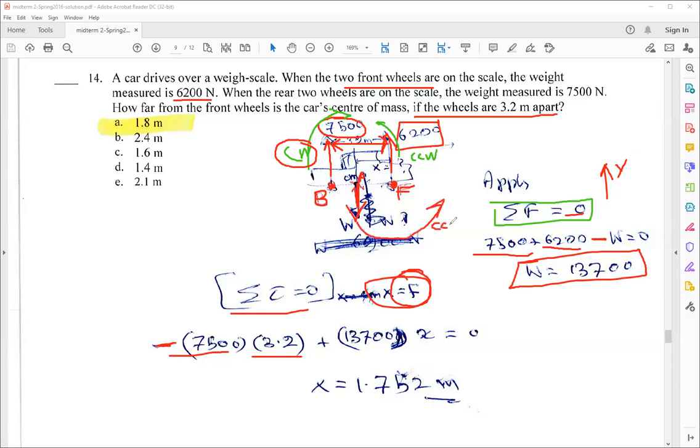The total weight is 13,700 multiplied by x, where x is measured from the front to the center of mass. Solving for x gives x equal to 1.752 meters.